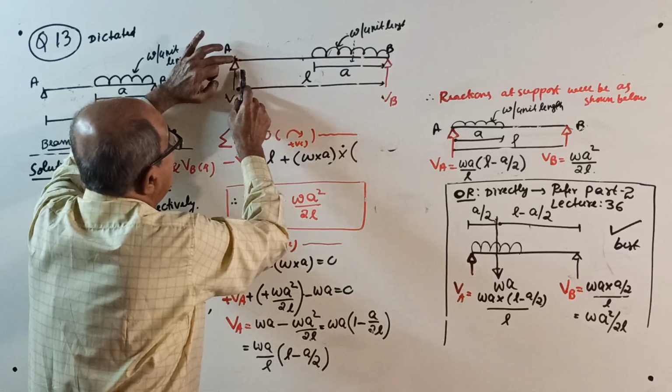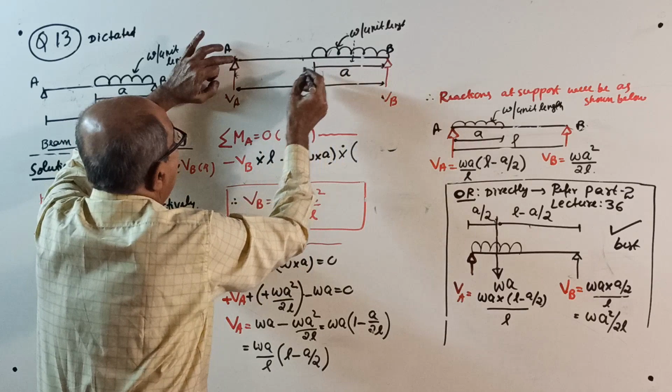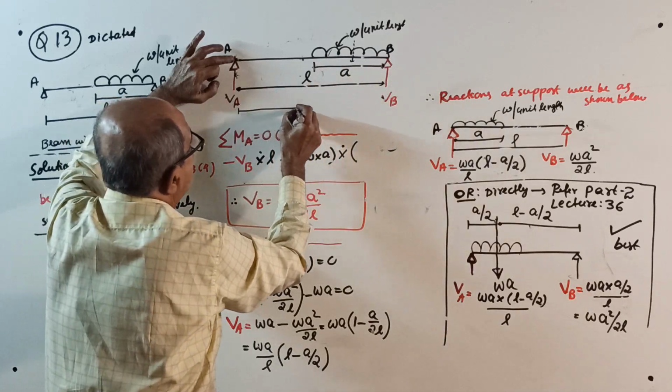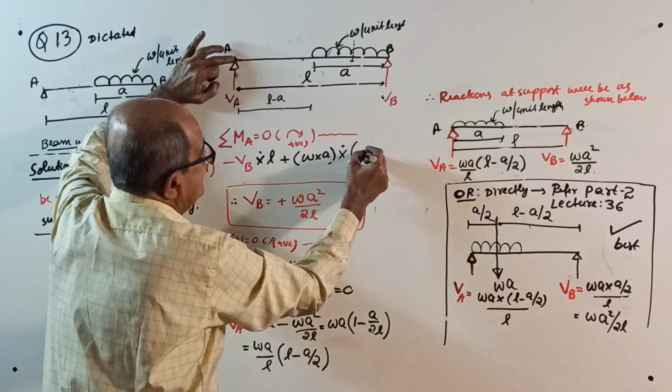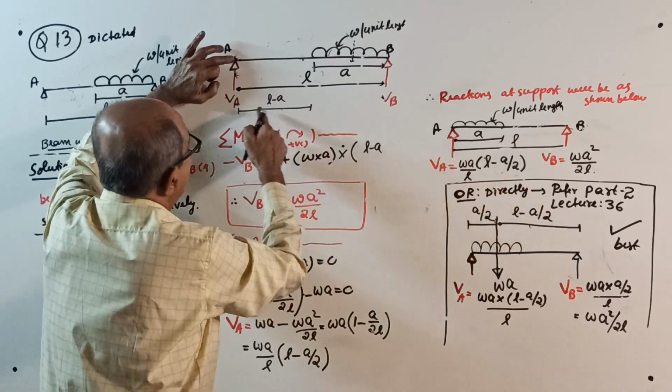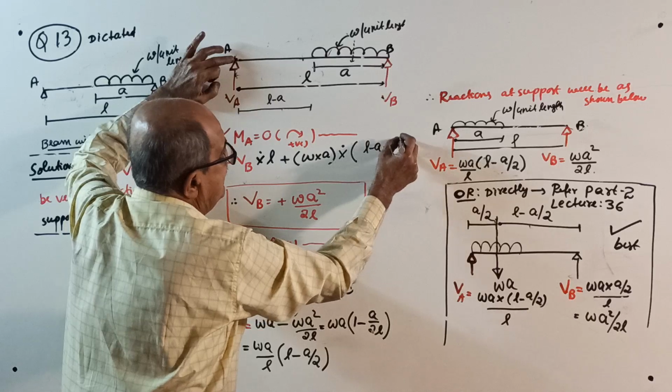See, instead of struggling this way, you can do one thing. If this is A, this will be equal to L minus A. So you can write L minus A, then plus A by 2.